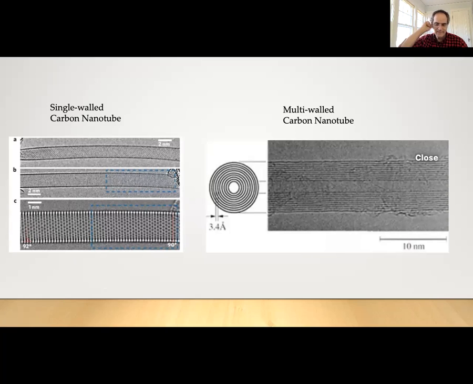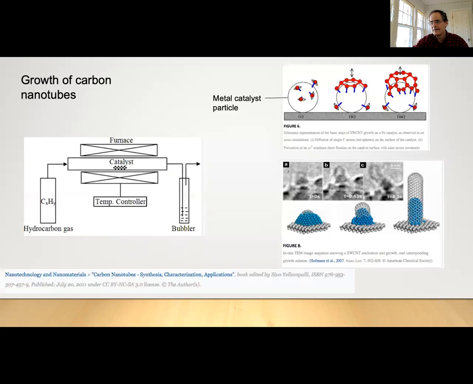Here, let's talk briefly about how carbon nanotubes are made. So carbon nanotubes, like the other carbon nanostructures, they actually occur anytime that carbon is burned. For example, they occur in things like candle soot, that black soot that you get when you have a smoky flame.